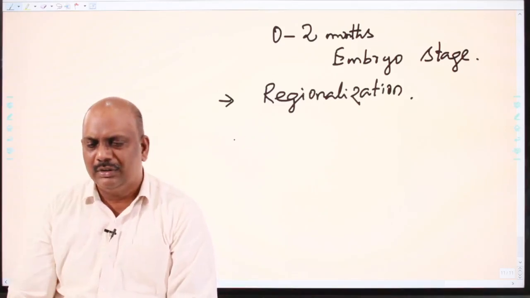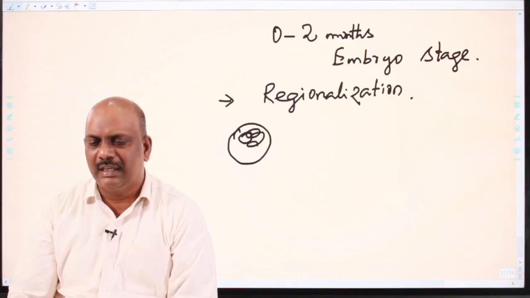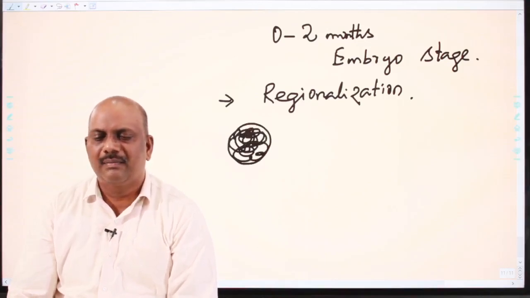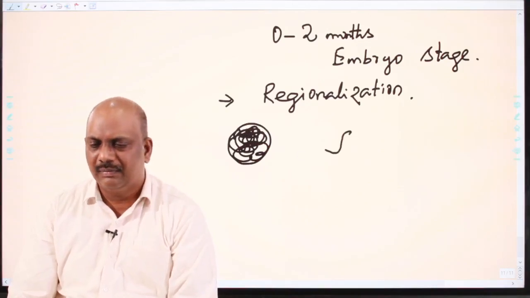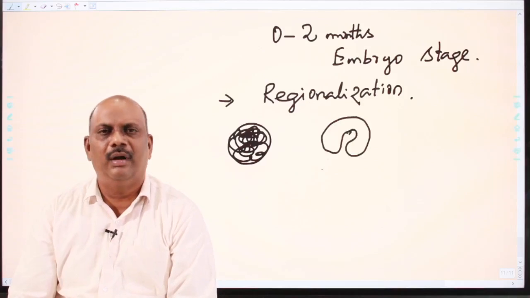Initially, it was a homogeneous mass of cells. After gastrulation, it becomes a three-layered one.